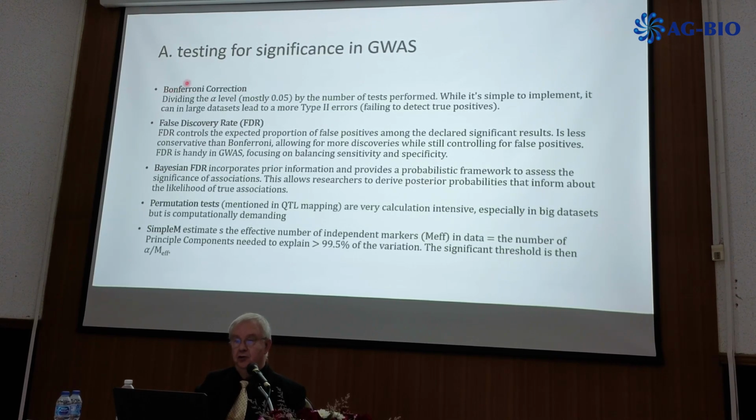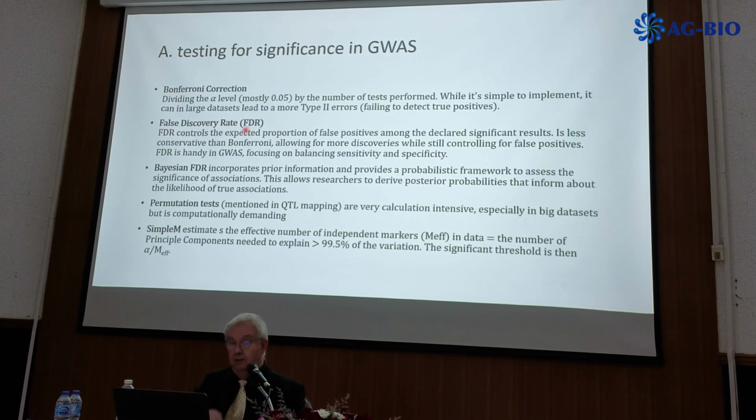Okay, now let us look for the significance. I mentioned already to you that in genome-wide association, a lot of people use the Bonferroni correction. You divide your alpha level, which is mostly 0.05, by the number of tests that you do. While it is simple to implement, in large datasets it can lead to more type 2 errors, failing to detect true positives.